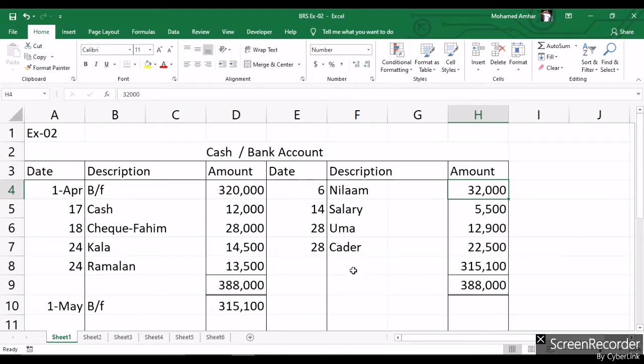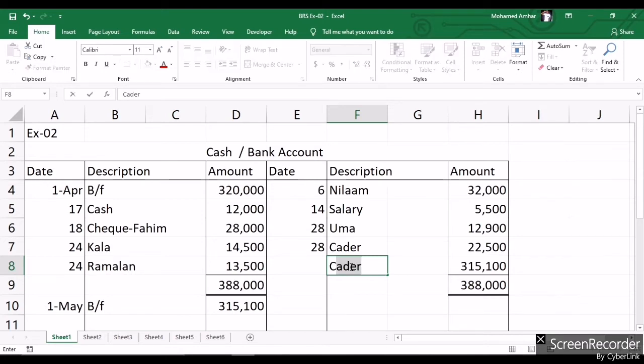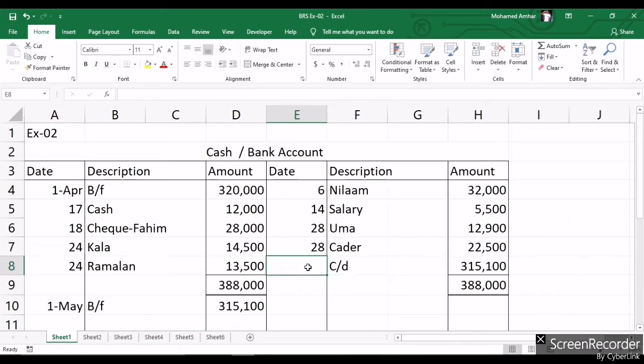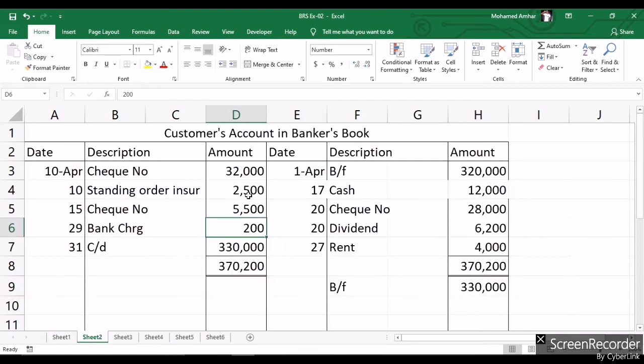So the carried down balance would be 315,100 on 31st April. So on 1st of May this balance is brought forward, 315,100, right?